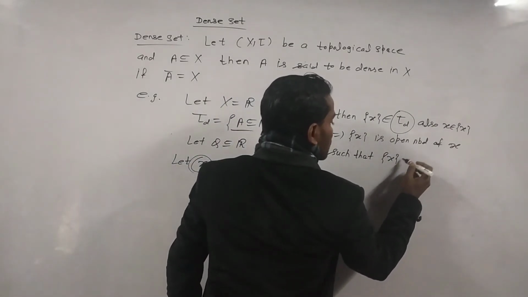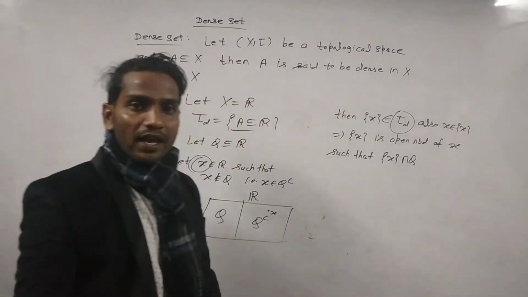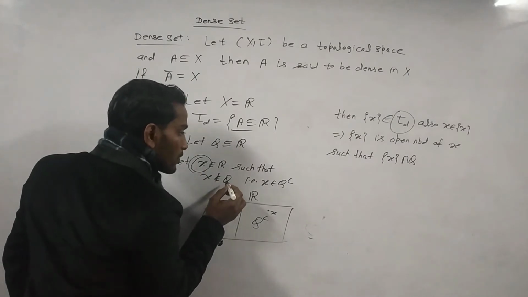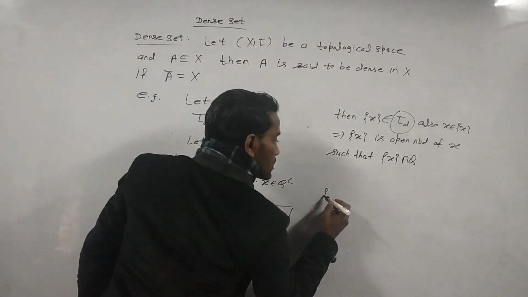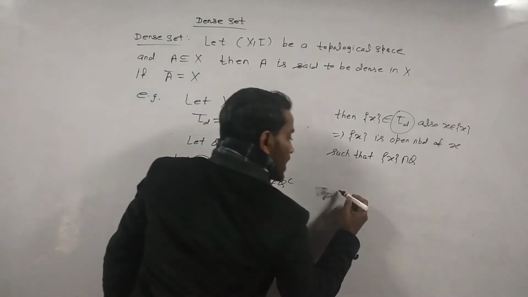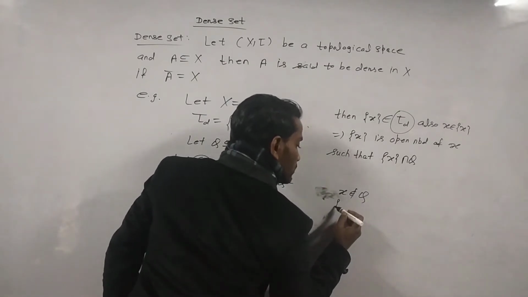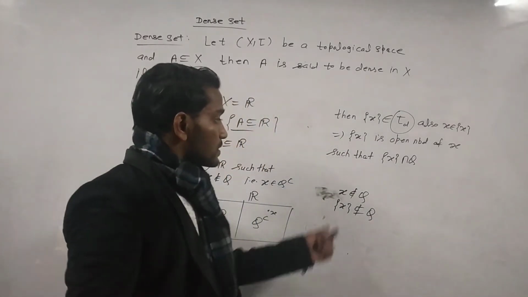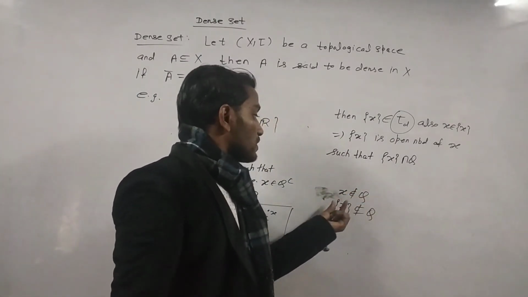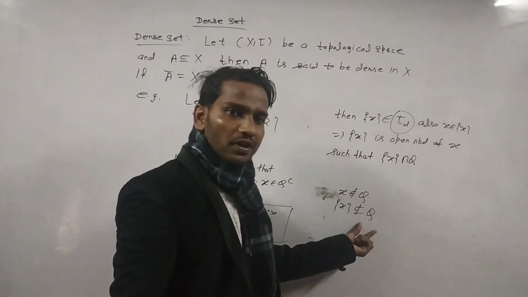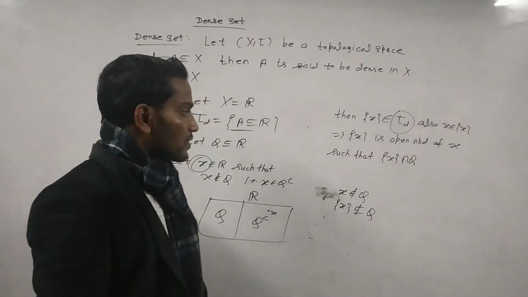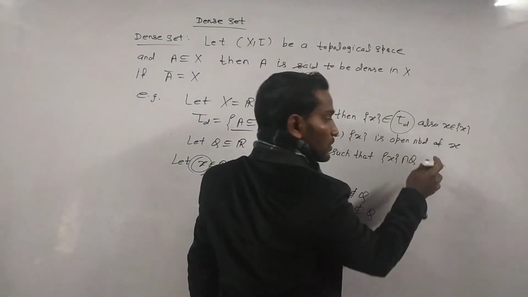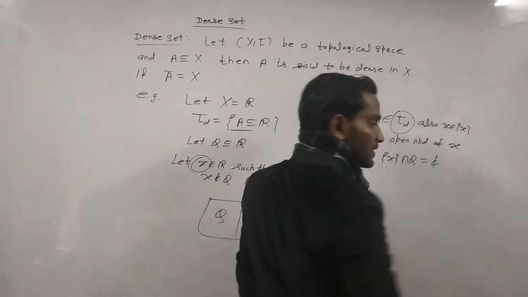singleton X intersection Q. If we take the intersection of Q with singleton X, as we know X doesn't belong to Q, this implies singleton X is not a subset of Q. Singleton X doesn't belong to Q. This means singleton X is not a subset of Q. If singleton X is not a subset of Q, then singleton X intersection Q will be empty.